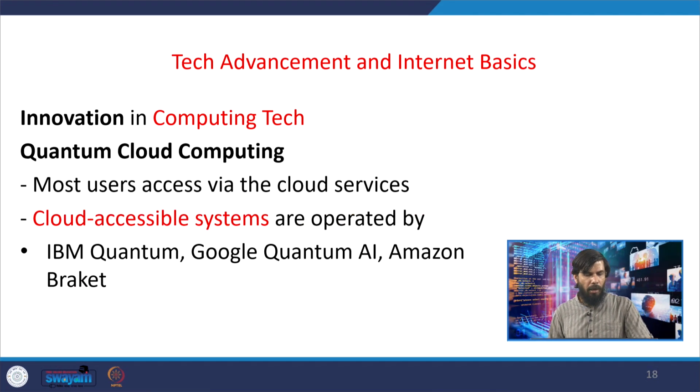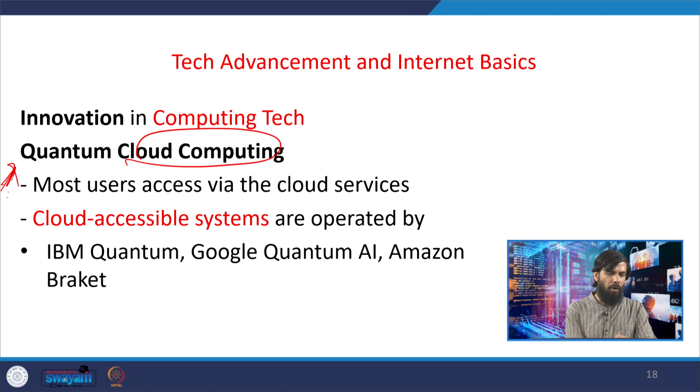Now, if we look at how access can happen, not for everyday end users but for users in labs, scientists and researchers, then cloud computing will most likely be the default mode. Quantum cloud computing is the mode being used and will be used for giving access to quantum computing.